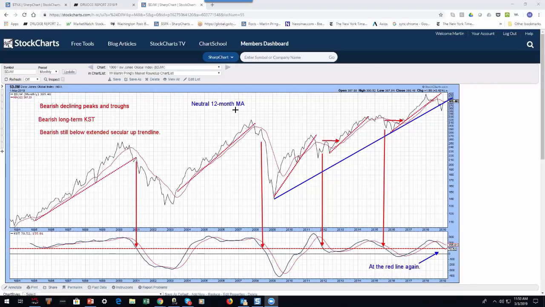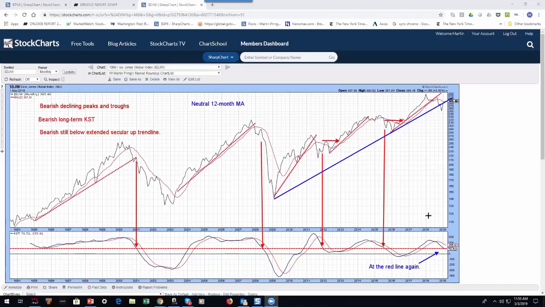It's actually, technically speaking, positive because the moving average is at 387 and the last plot's at 389. So it's technically bullish, but because the moving average and the extended trend line are in the same area, we really need to overcome that resistance on a more decisive basis before we could say that the 12-month moving average was positive.